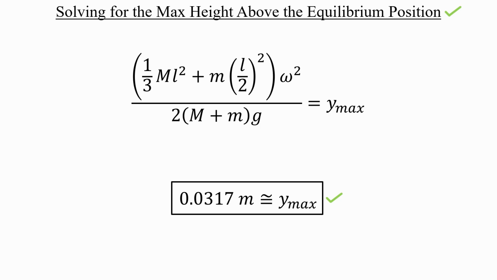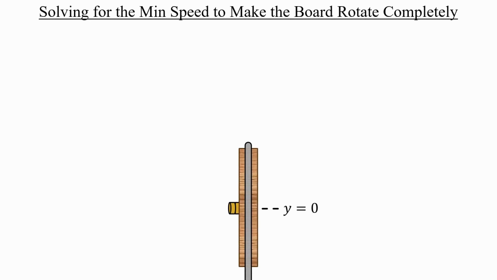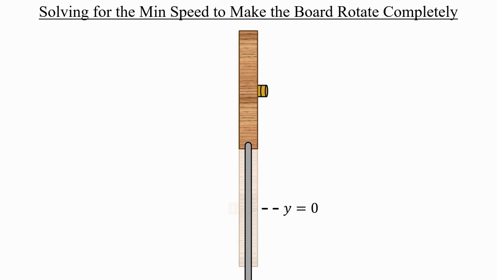In part C, we want a bullet velocity that's large enough to make this board do a complete rotation. And for that to happen, the center of the board needs to reach this upward position. The question is, what's the new y value of the center of the board up there? Thankfully, it's really easy to find.